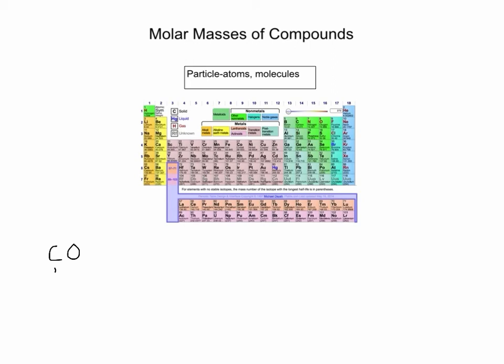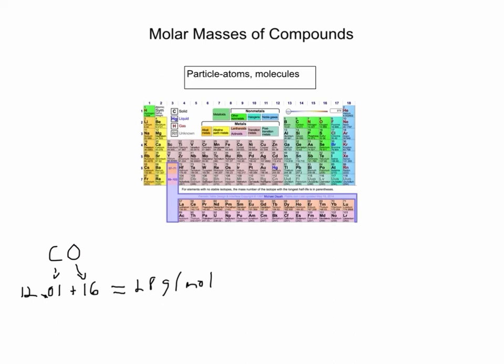Well, we know that carbon has a molar mass of 12.01 grams per mole, and we know that oxygen has a molar mass of 16 grams per mole. So what we're going to do is add those together, and we'll get 28 grams per mole for the compound. So all we did was add the molar masses of each element.